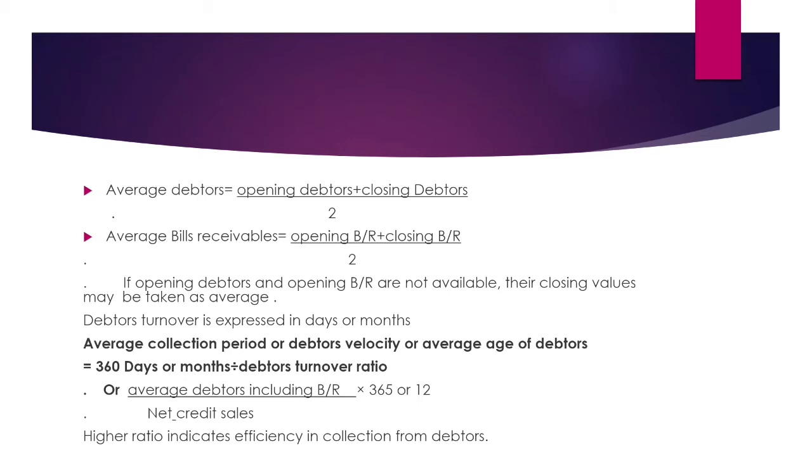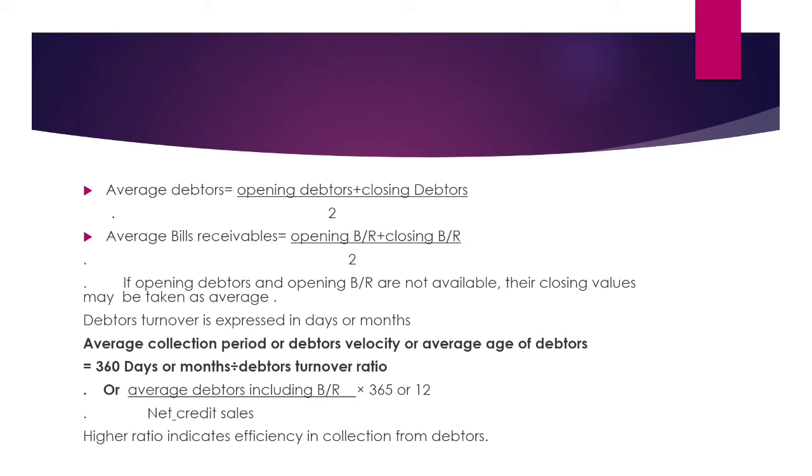The debtors turnover ratio is expressed in days or months also. That is, it is known as average collection period or debtors velocity or average age of debtors. It is found out by the following equation: 360 or 365 days, or 12 months in a year, divided by debtors turnover ratio.